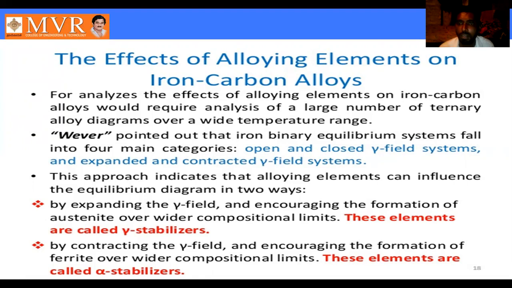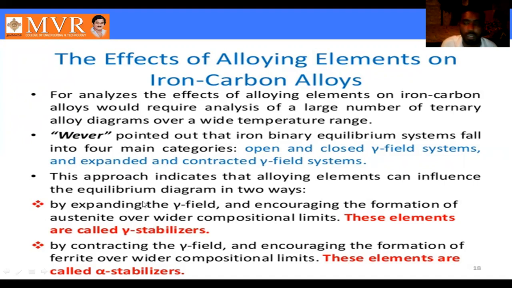Because the phases are based on the alloying elements, so the properties, the structure, the composition will be changing. In the binary phase diagram you can see clearly the alloying elements. By using alloying elements in the binary phase diagrams, automatically we can see structure changes, composition changes and properties changes.